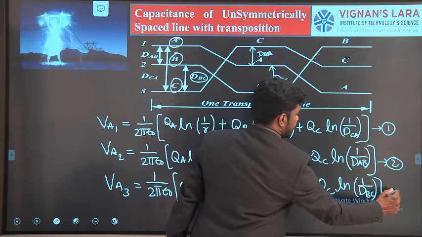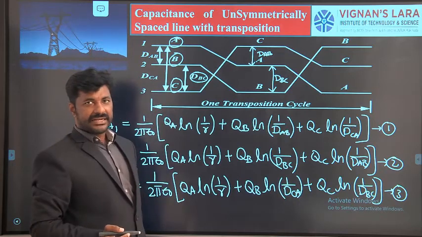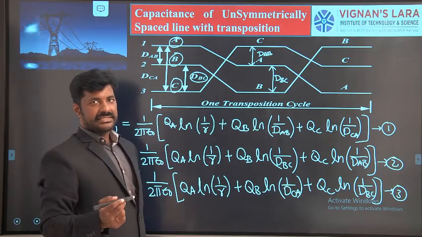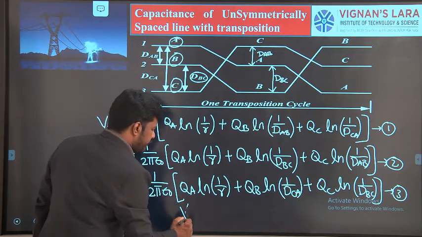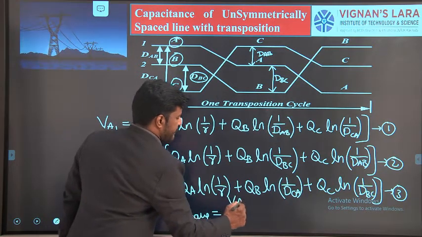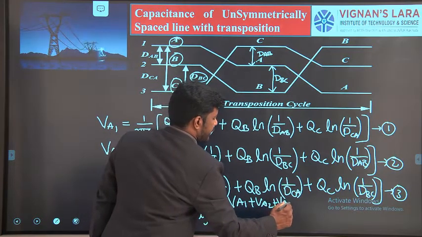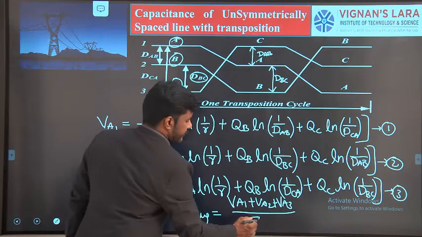That is the third equation. Having independent values of voltage of conductor A in the 3 sections, the average voltage of this conductor A is obtained as VA1 plus VA2 plus VA3 divided by 3.